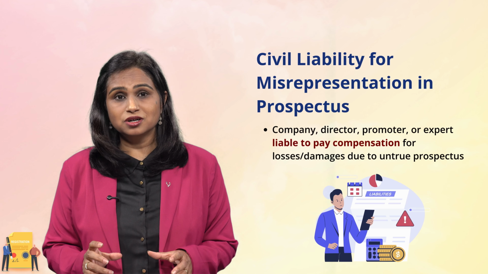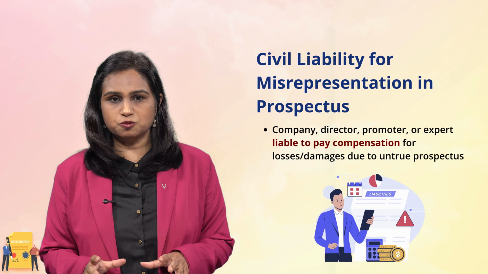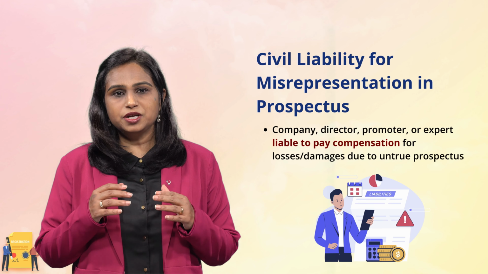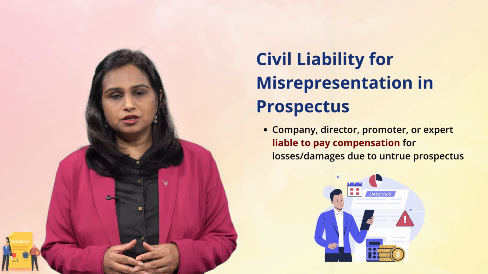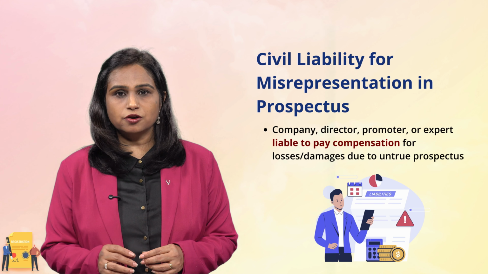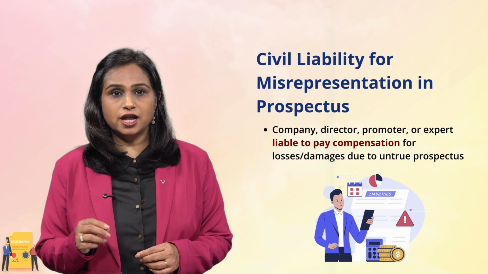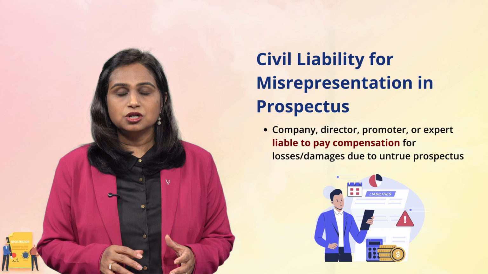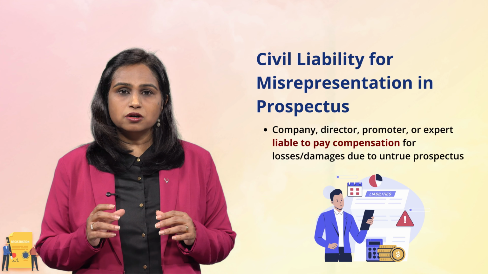Now, let us look at the civil liability for misrepresentation in prospectus. According to the Companies Act, if any company or a director of a company or a promoter or an expert who has authorized the issue of an untrue prospectus, they will be held liable to pay compensation to every person who has sustained losses or damages.